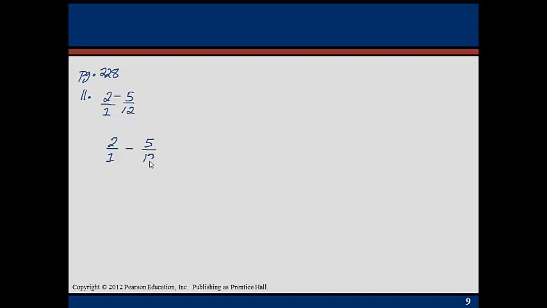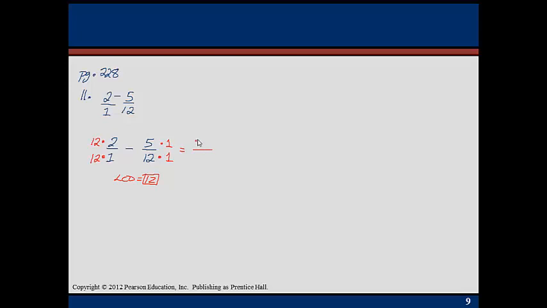In order to subtract these fractions, we need to have the same denominator. Therefore, we're going to find the LCD. Now, because our denominators are 1 and 12, the LCD is just going to be 12. So multiply the first fraction by 12, top and bottom. And then the second, we multiply by 1 because we're not changing anything.